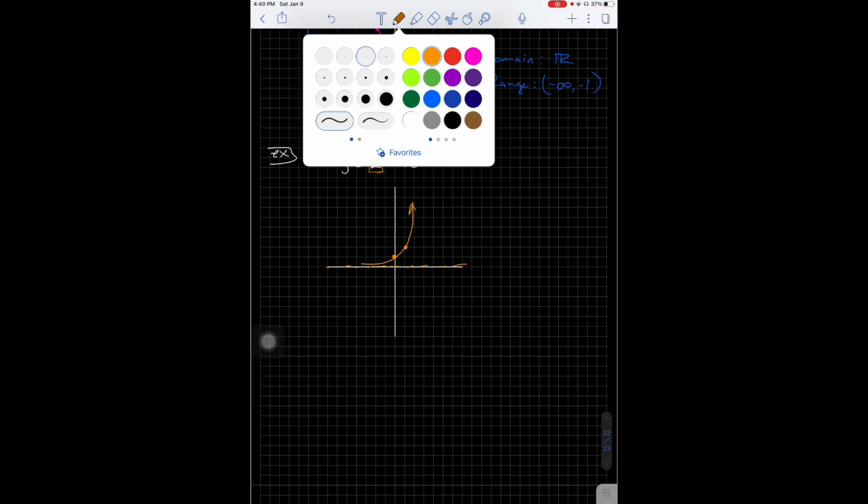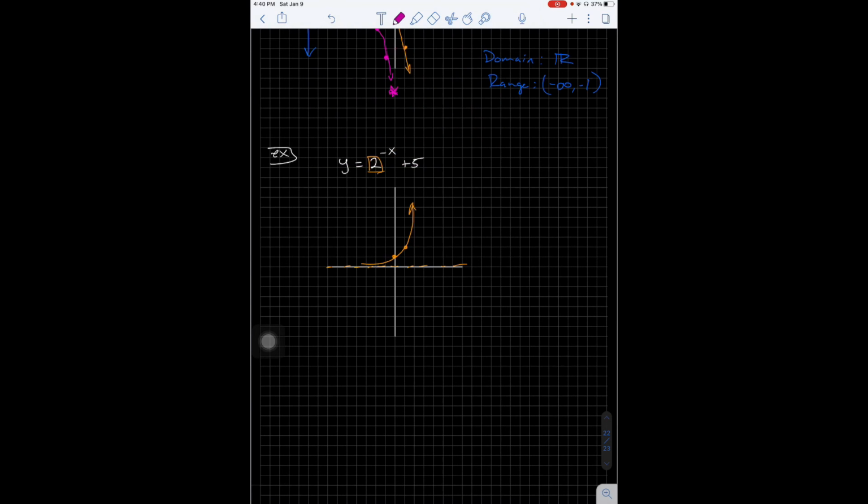Shifts and flips: flips before shifts. So flips, there and there is where I'm looking for my minus signs. I only have one, it's on the x, so that means it's flipping it over across the y. So this dot stays there, but this one transfers over here. The asymptote also flips, but it flips onto itself, and so that doesn't really change anything.